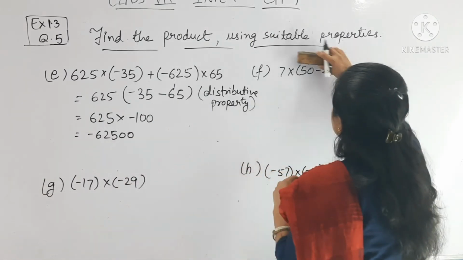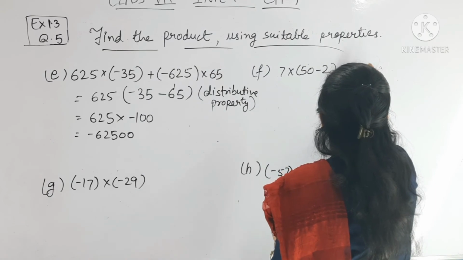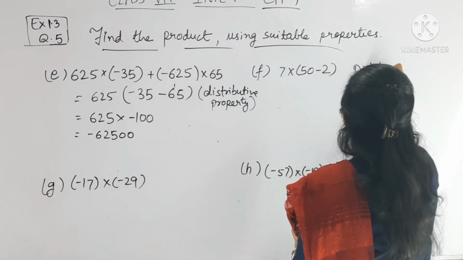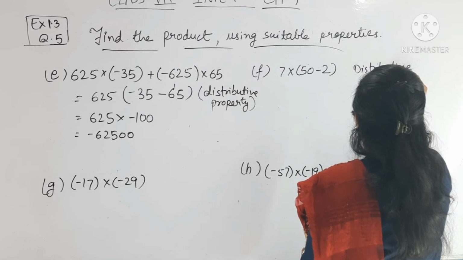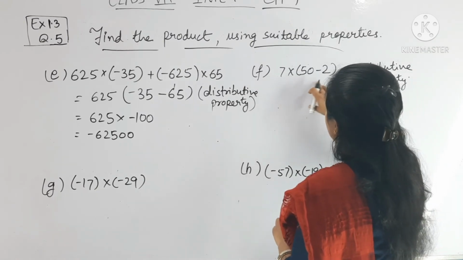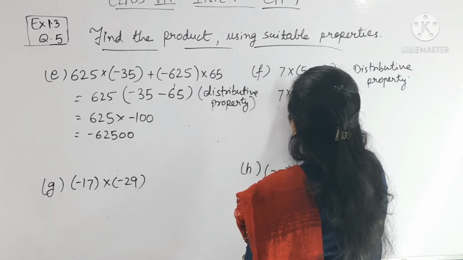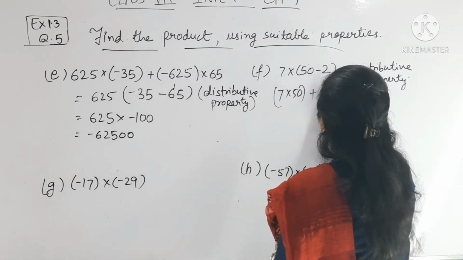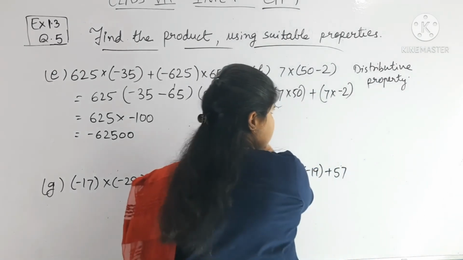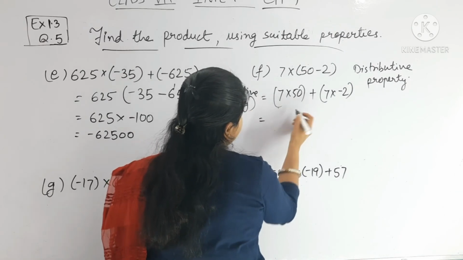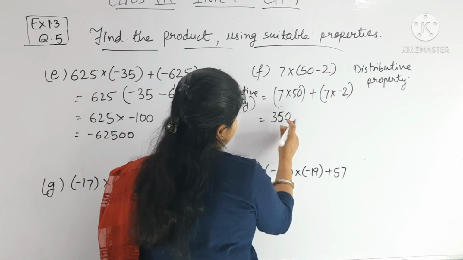Now come to the next part, that is F part. Here also distributive property is used. Here is A into B plus C. So we can write A into B plus A into C. 7 into 50, 0, 7 5s are 35.